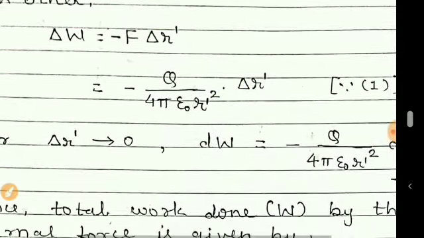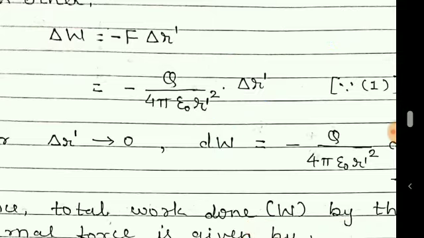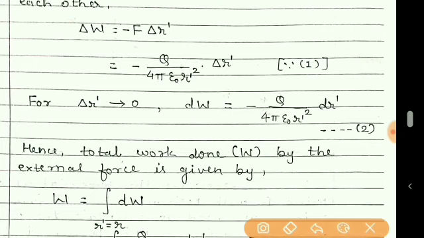Our next step. So here we have obtained the work done for this small displacement, but now we need to find the work done from infinity to the given point P. That means the total work. So for the total work we will integrate this equation. To integrate it, first of all we will consider this displacement as tending to 0, meaning very small.